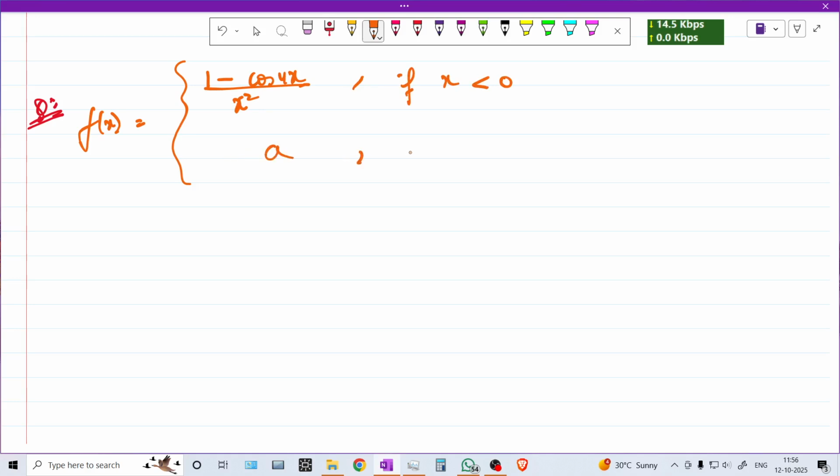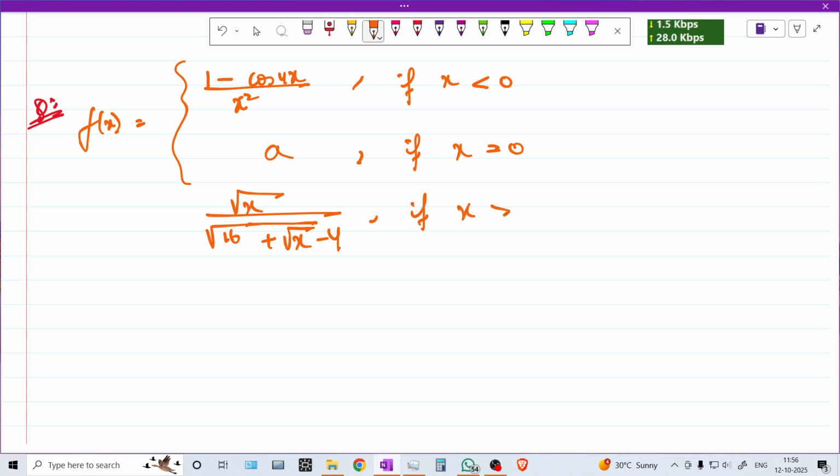The value is a if x is equal to 0, and the value is root of (x by root of (16 plus root x)) minus 4, where the root x by root 16 plus root x is entirely inside the root and minus 4 is entirely outside the root, given if x is greater than 0.